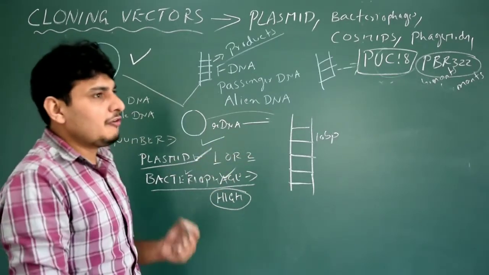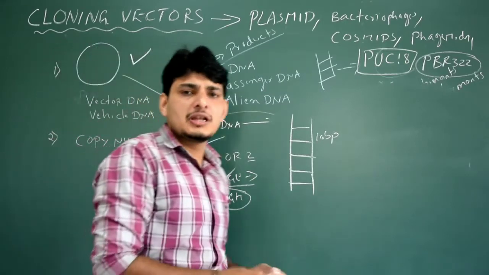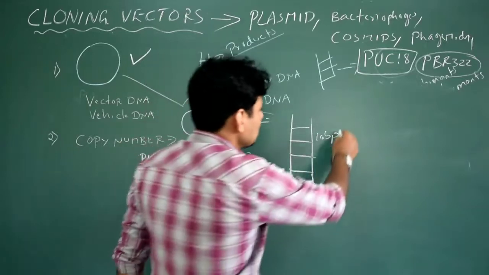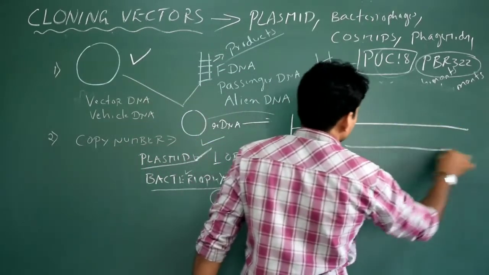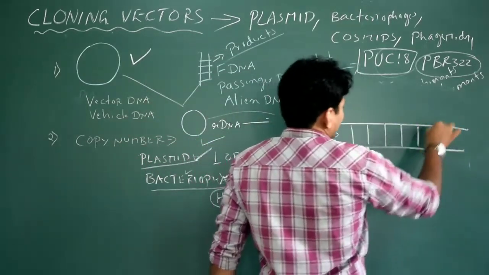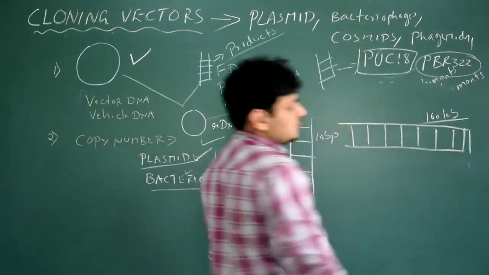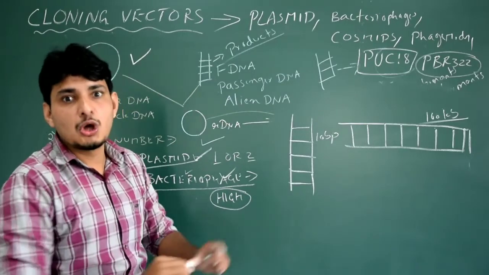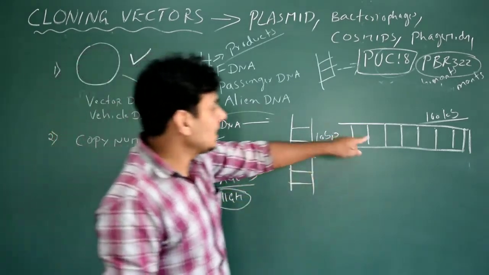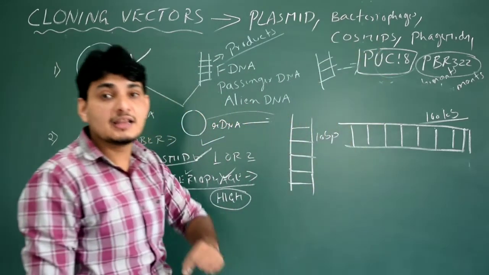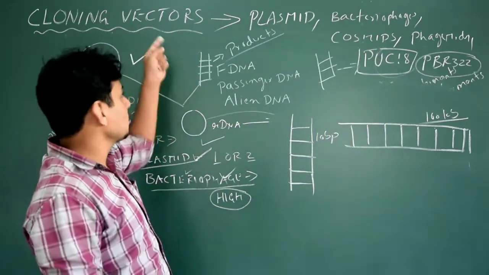Got it? For example, in humans, there are so many long, large sequences present in a particular gene. So let us assume that one particular gene has 100 base pairs. So it is the longest gene. Can I ligate this longest gene to these? No. For that, I need to take another DNA as a cloning vector.